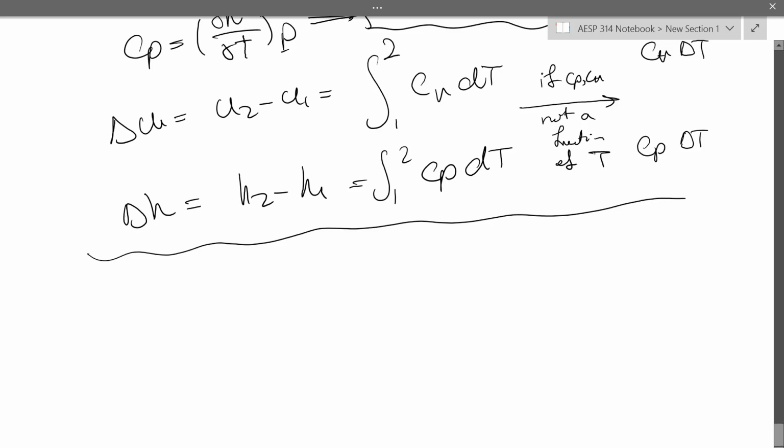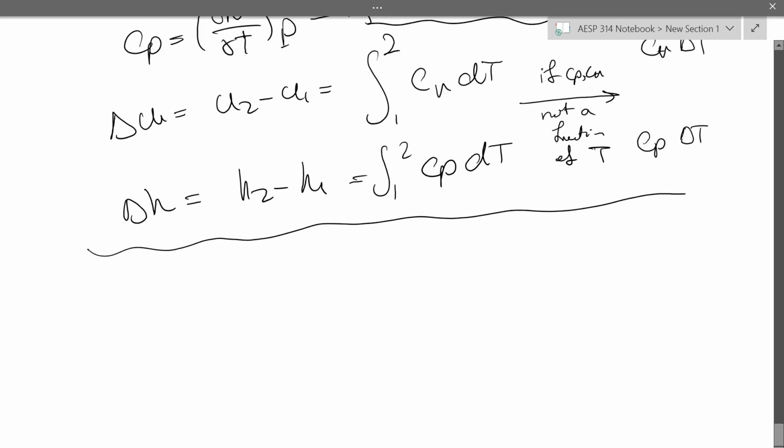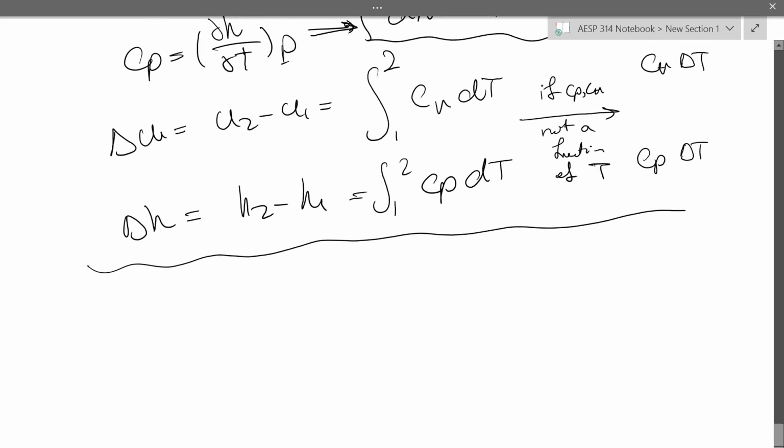Q equals m c delta T, right? This is something we have already seen, at least a different form of it. Because you can take Cv and Cp out of the integral, and the integral of dT is going to be delta T.